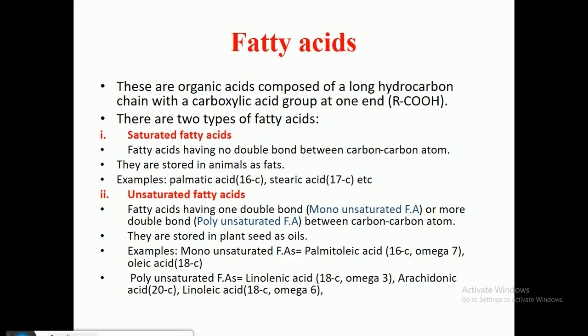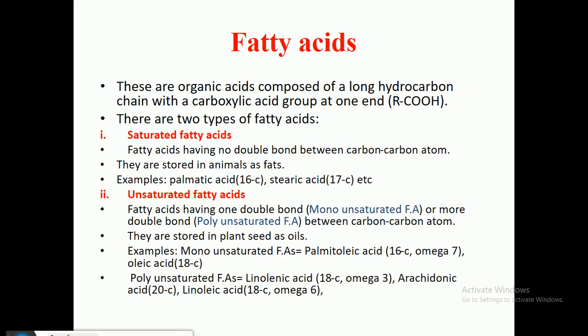It can be further saturated, because in saturated fatty acids there is no chance, as there is a single bond, while in unsaturated fatty acids there is a double bond. So it can be further modified.